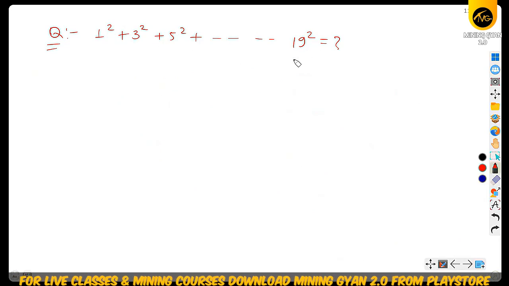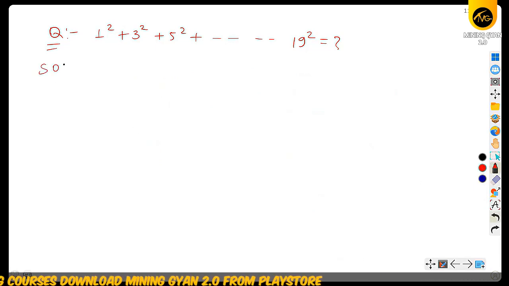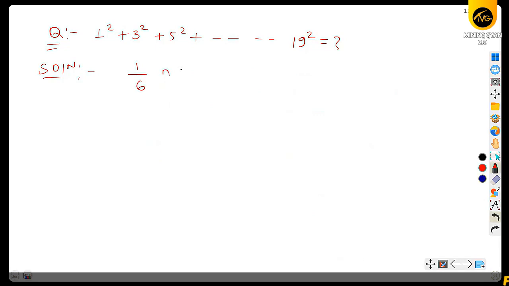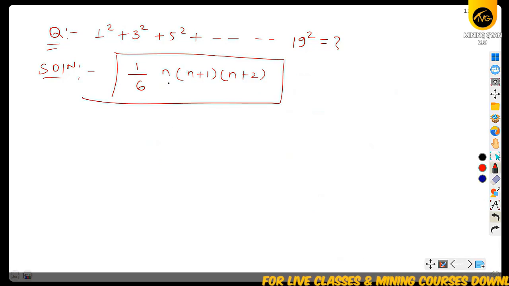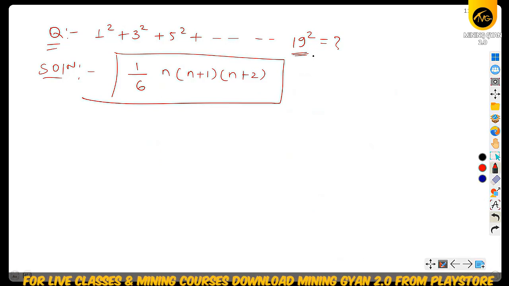Basically this is the square value of odd numbers, and we have to use just the same formula to find the summation of these square values of odd numbers. Now again we use 1 divided by 6 n into n plus 1 into n plus 2, correct? Just put down the value of n. In this case, the highest odd number in this series is 19.